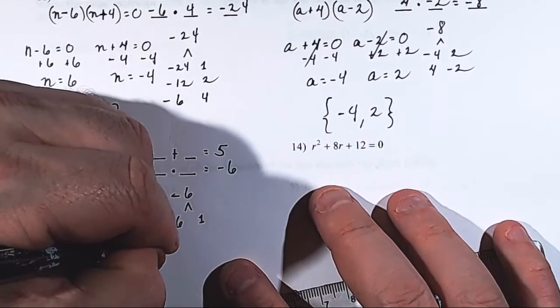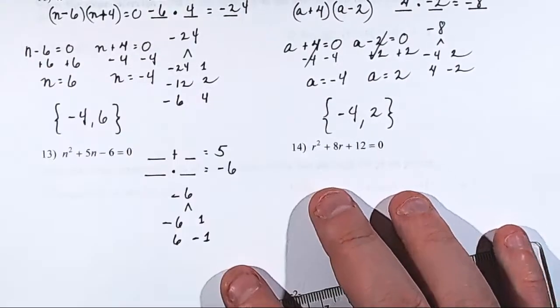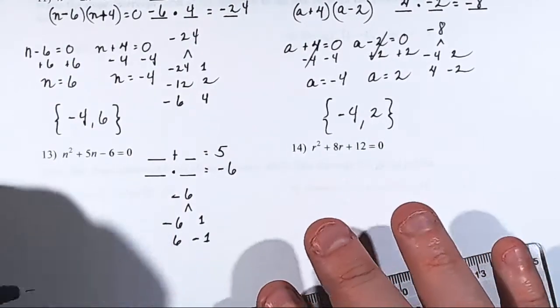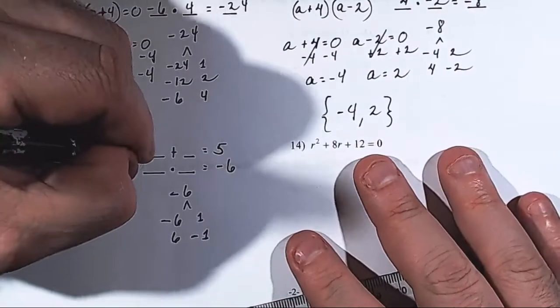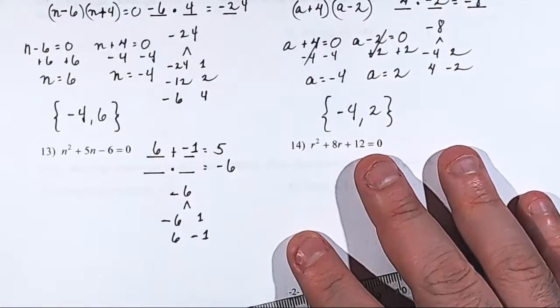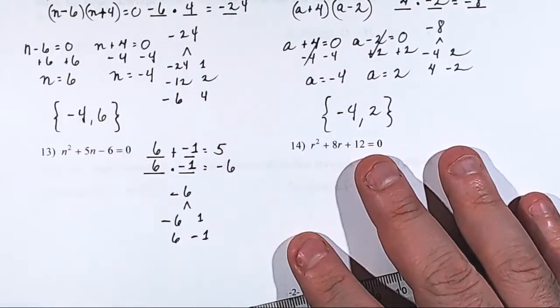So what if I flip those? Positive 6 and negative 1. Now, 6 minus 1 is 5. 6 times negative 1 is negative 6. So those are the factors, 6 and negative 1.